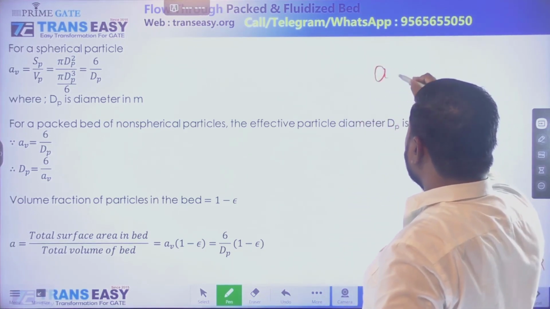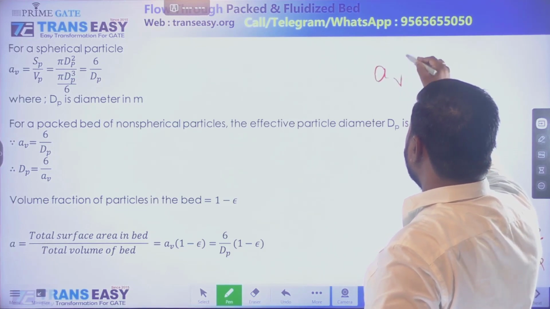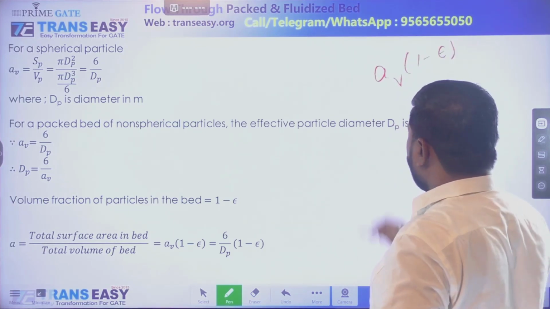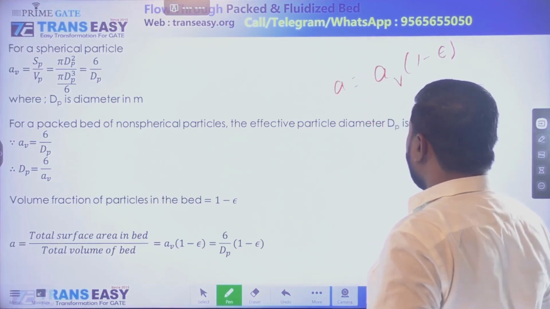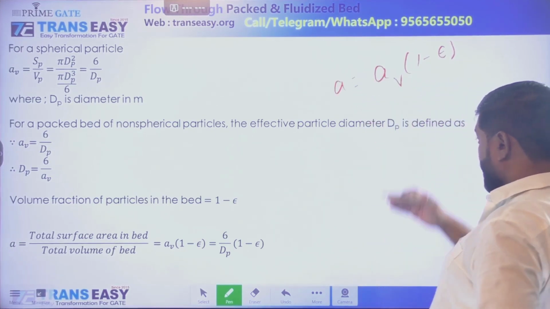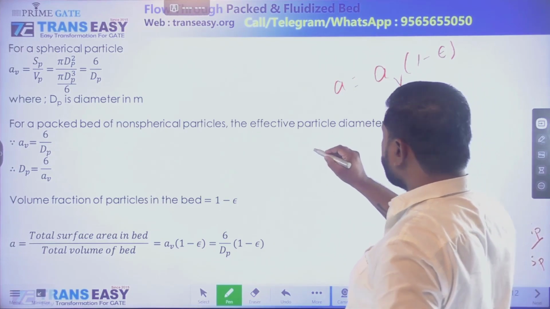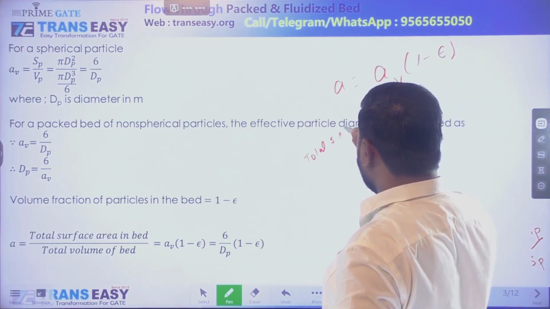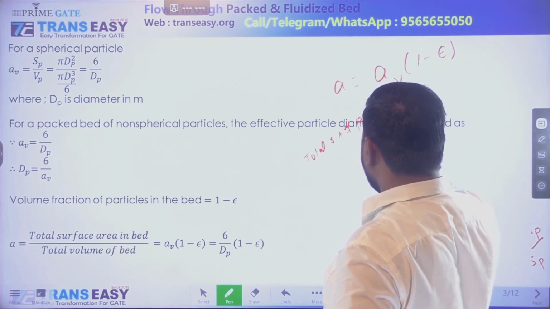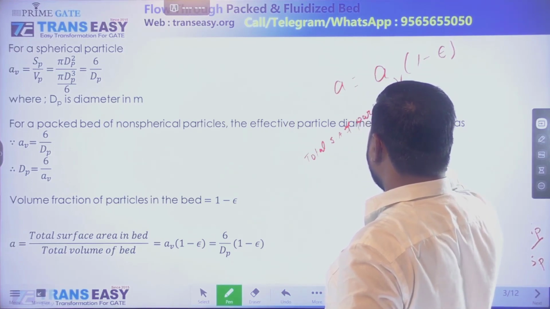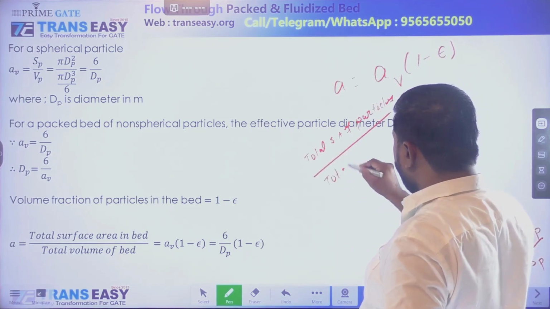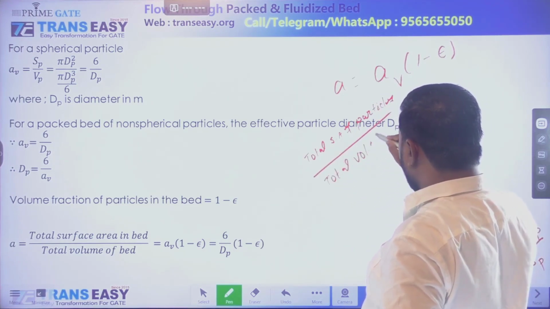Right? Total surface area of solid particles upon total volume of the bed is equal to the specific surface area into 1 minus porosity. A is equal to this. प्रूफ कर देते हैं. This is the total surface area of particles upon the total volume of the bed.